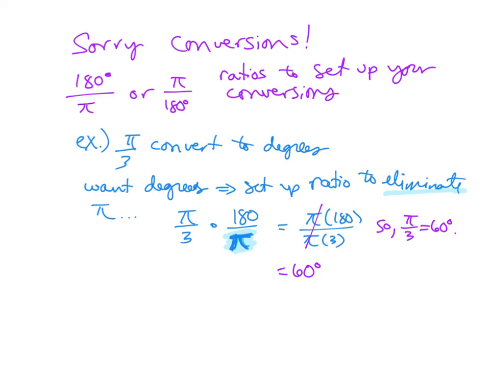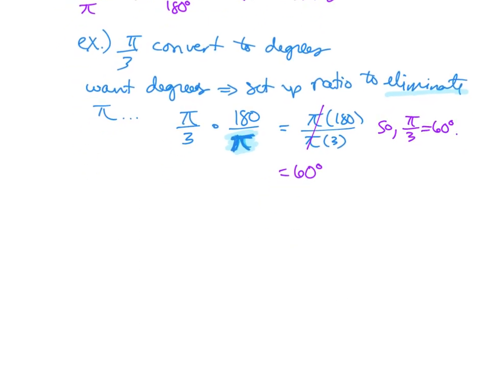Yeah? Okay, so another example, because I think you'll have both. Let's say you'll have 225 degrees, and we'll say convert to radians. Okay, so I want radians.